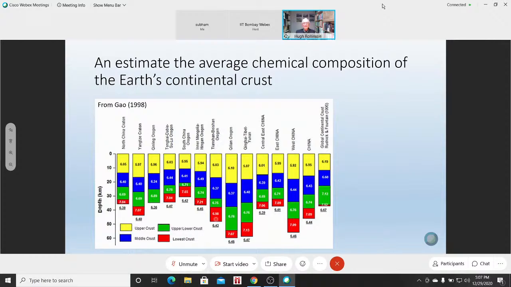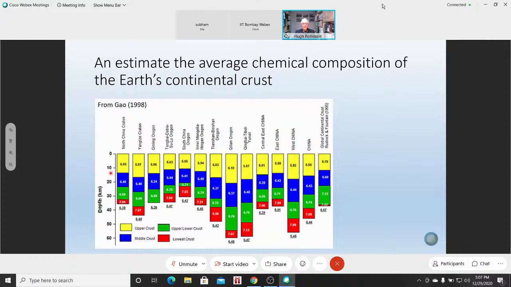And this was a technique first initiated by a geochemist, Roberta Rudnick, and a geophysicist, David Fountain, who back in the mid-1990s used a combination of techniques, geophysical and geochemical, to look at the chemical composition of the different layers of the crust, and from that obtain an average for the whole of the Earth's continental crust.